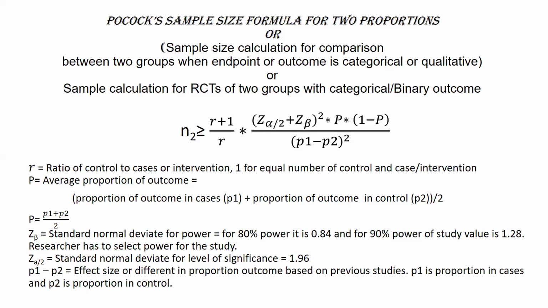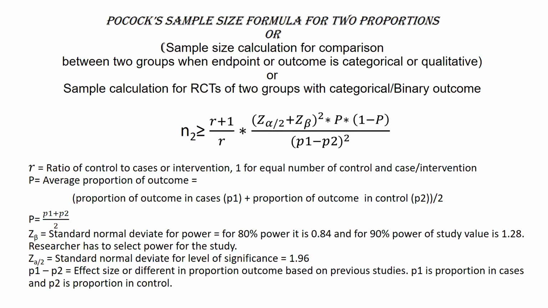So if we calculate sample size for the control group, automatically we get it for the intervention, because N2, the control group, is equal to N1, the experimental or case or intervention group.